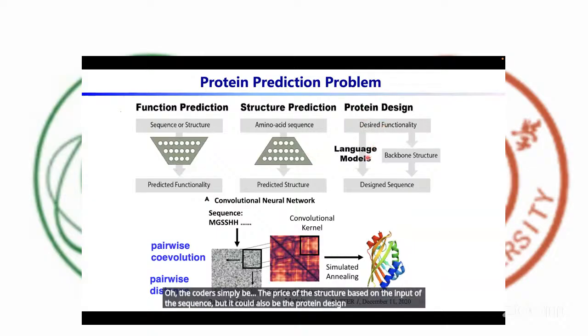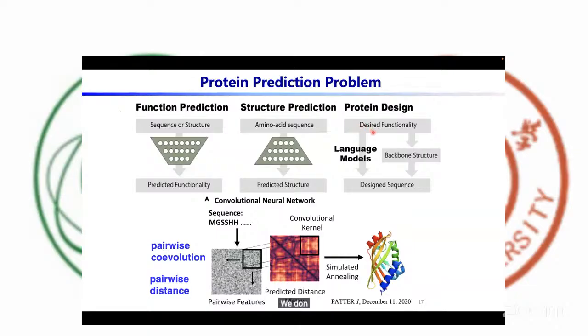In protein design, we don't have a predetermined sequence because the sequence is the one we want to design. So typically we start with some desired functionality we wish to eventually achieve, and then we apply certain models to actually generate the sequence.